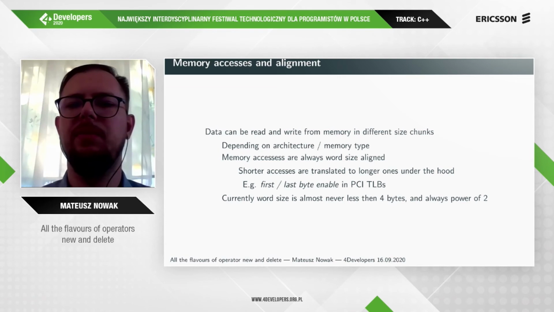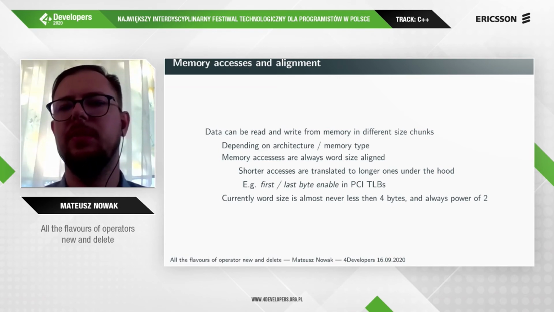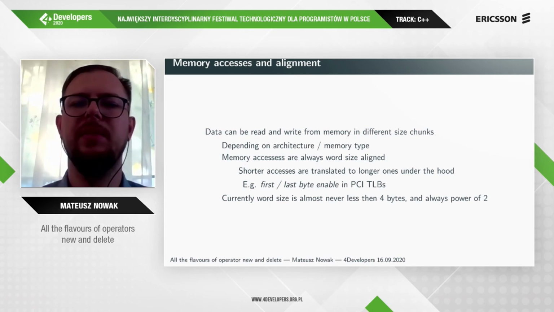And if we want to have shorter reads and writes, so for example, want to access a specific byte, it is translated under the hood, so we don't see this.